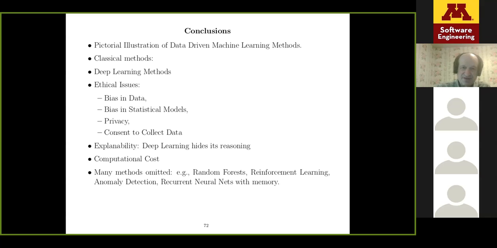Anomaly detection is where you have a good model for one class, but a very poor model for the other class. The example I would have in mind is breaking into a computer system.